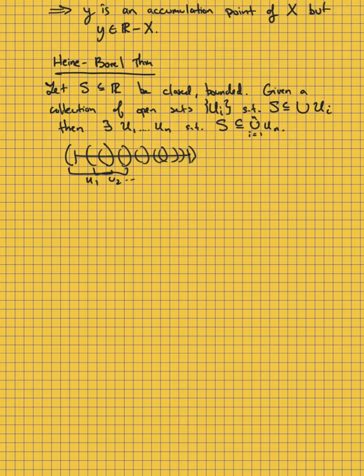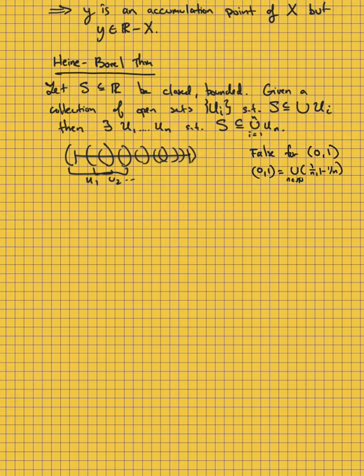Notice this is false for open intervals. It's also false for closed but unbounded ones. For example, the open interval (0, 1) is the union from n of (1/n, 1 minus 1/n).